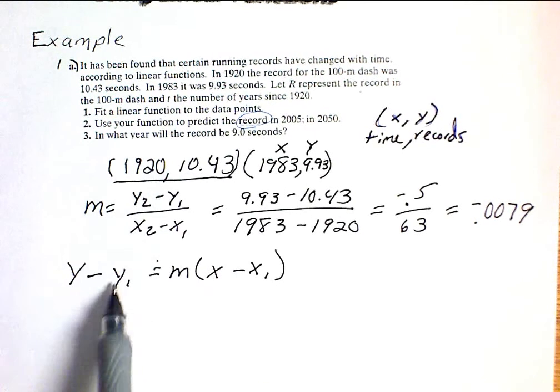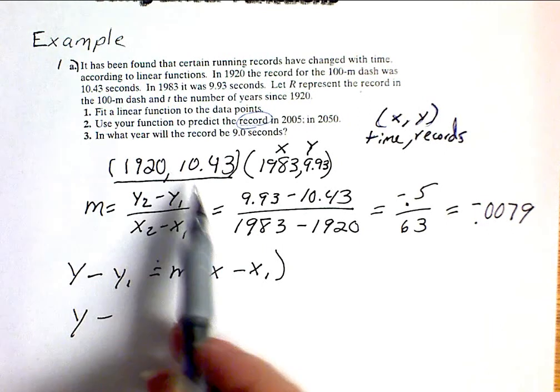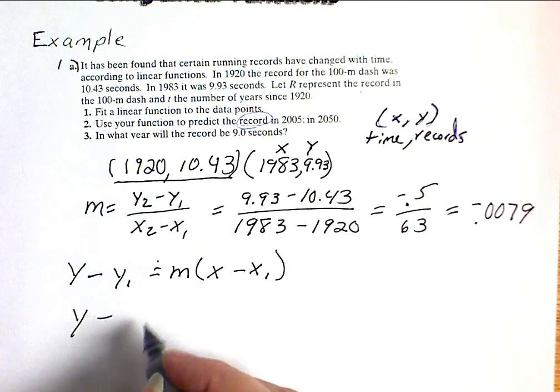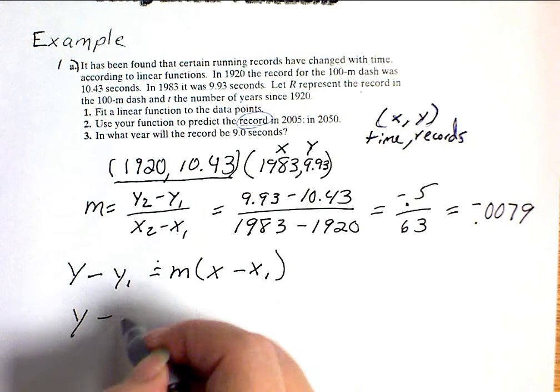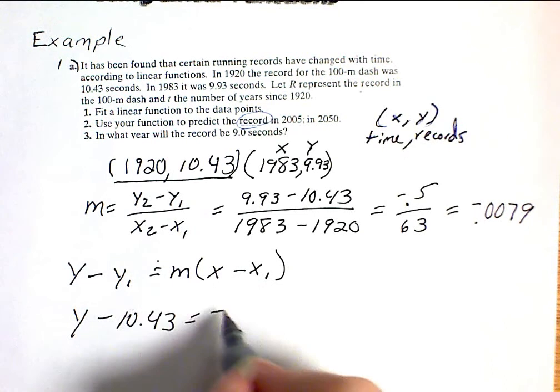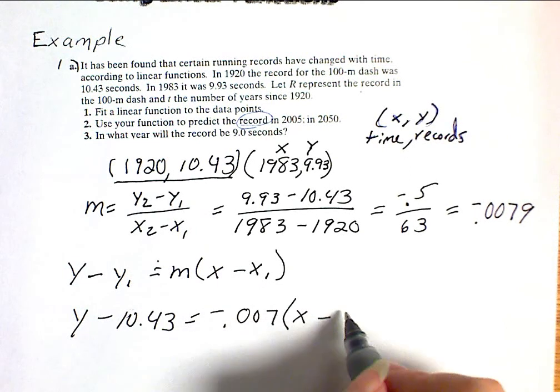So I'm going to go y minus 10.43 is equal to my slope of negative 0.0079 times x minus 1920.